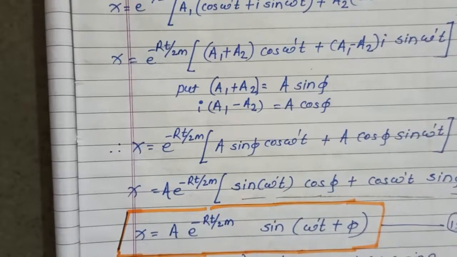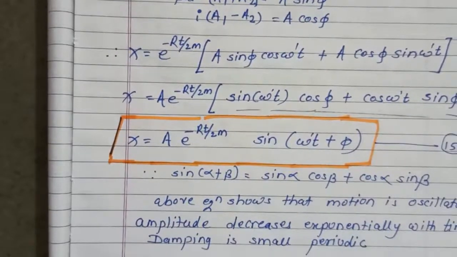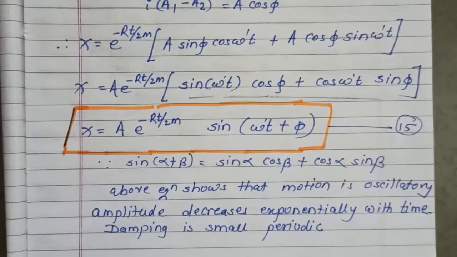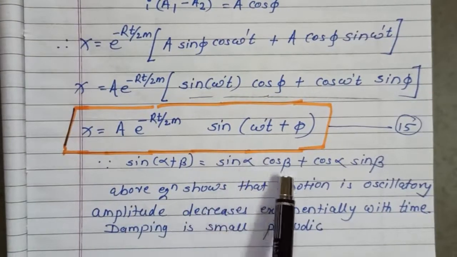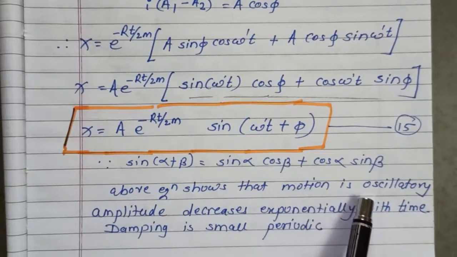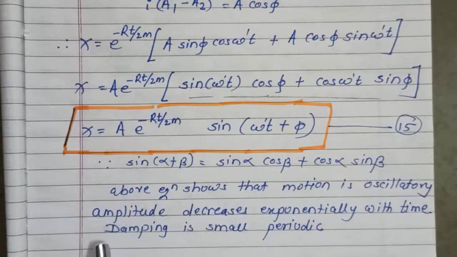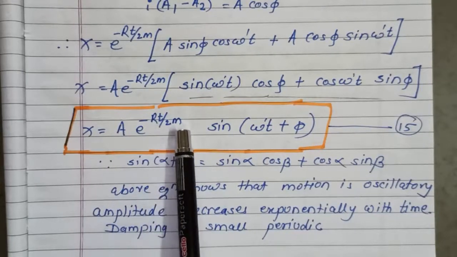The above equation shows that the motion is oscillatory motion. The above equation is the equation of motion, that is oscillatory motion. In this equation, the amplitude is a e raised to minus rt upon 2m.